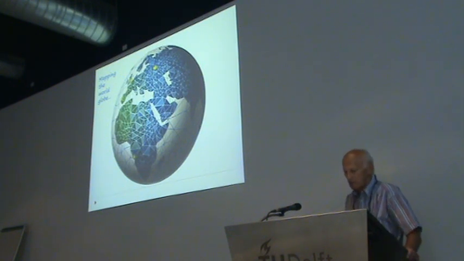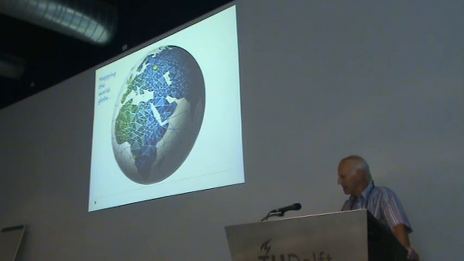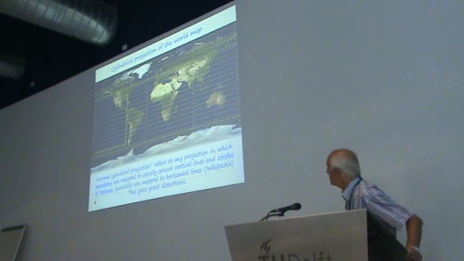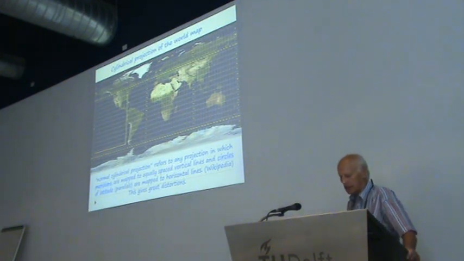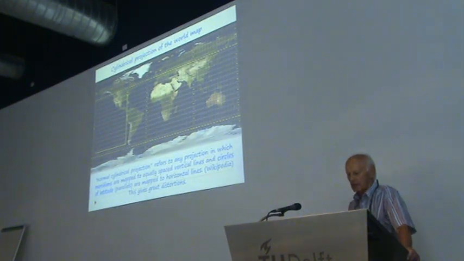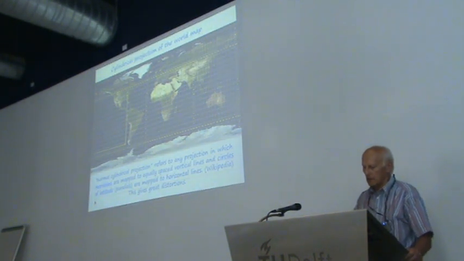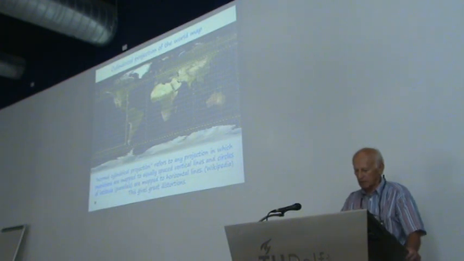So you see, the first step, of course, is that the contours of the countries must be digitalized, for instance. But the first projection actually was the cylindrical projection, and this is normal, but it means that all vertical lines are equally spaced, and horizontal lines as well.